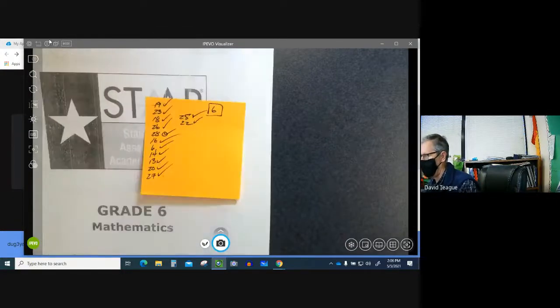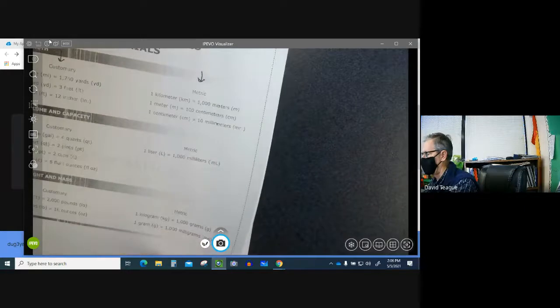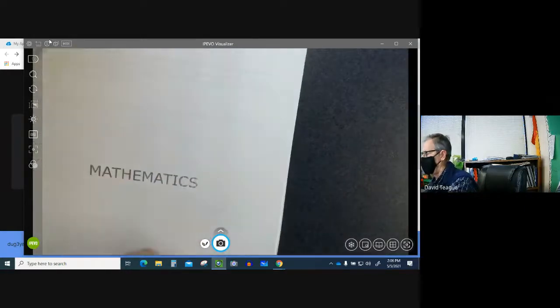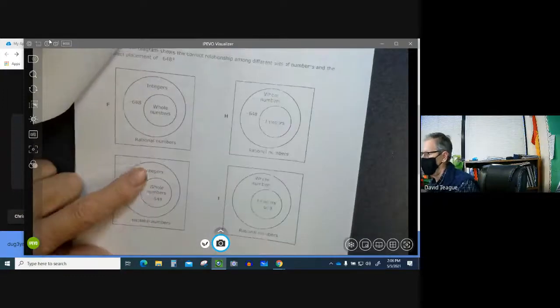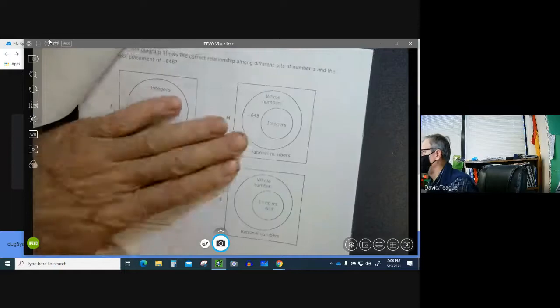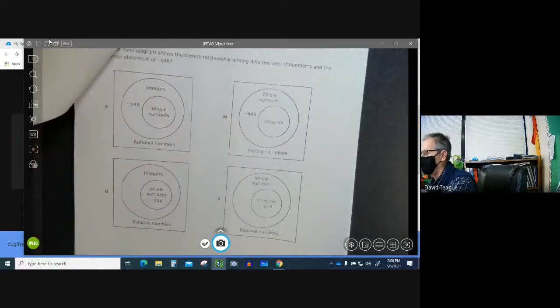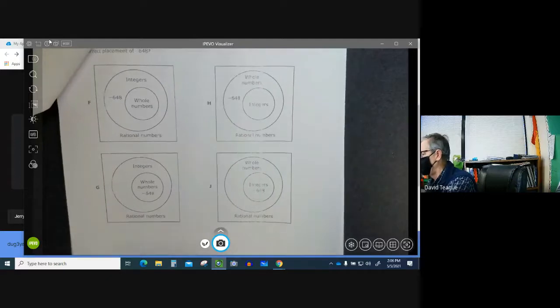There is definitely going to be a question, I think it's been on every STAAR test I've ever seen, is the second one. Integers, whole numbers, right? Make sure you know that. There is definitely going to be one question on that. It's probably that exact same question, probably. So make sure you know that.